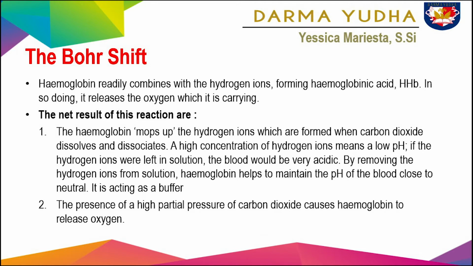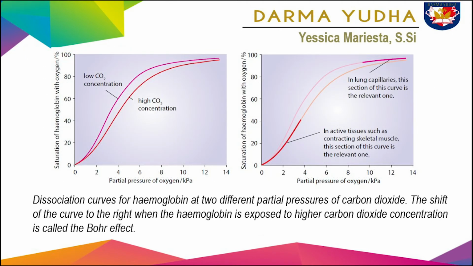The curve therefore lies below and to the right of the normal curve. So these are the dissociation curves for hemoglobin at two different partial pressures of carbon dioxide. The shift of the curve to the right when the hemoglobin is exposed to the higher carbon dioxide concentration is called the Bohr effect.